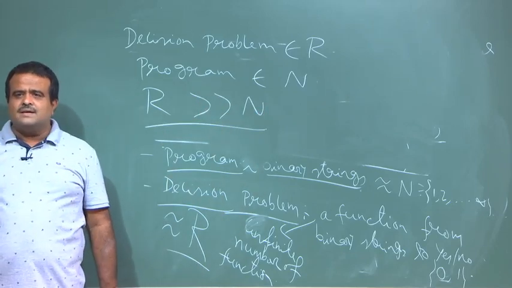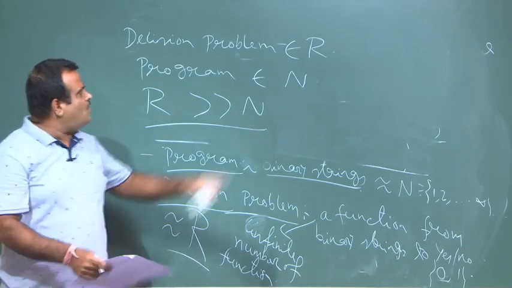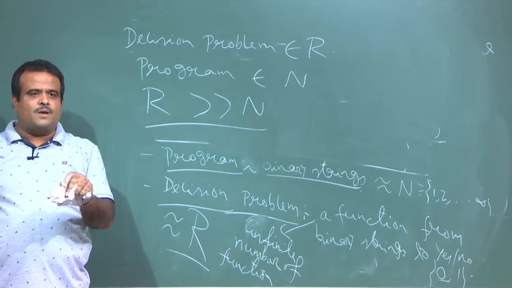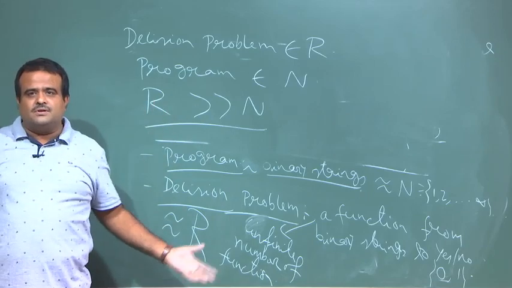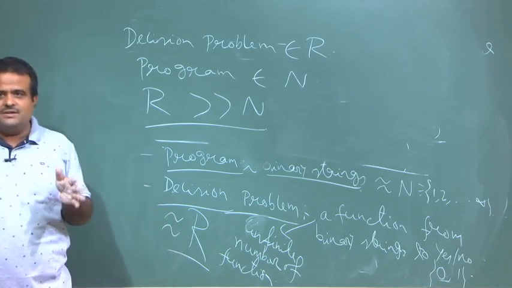That means we have very few programs for our solutions, because each program gives a solution to a particular problem. We have uncountably many problems, and only countably many programs exist.